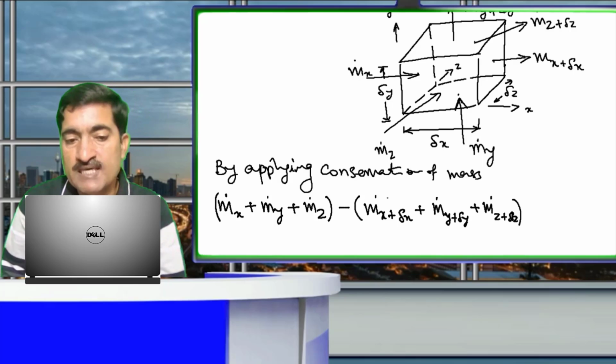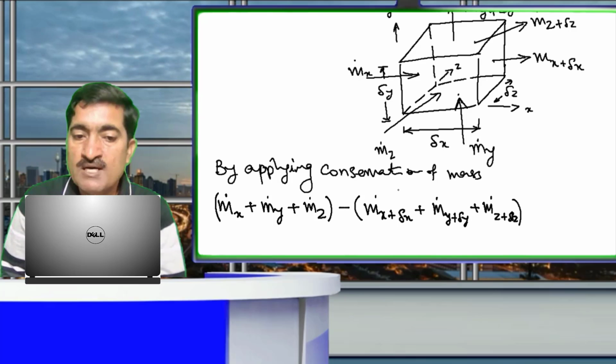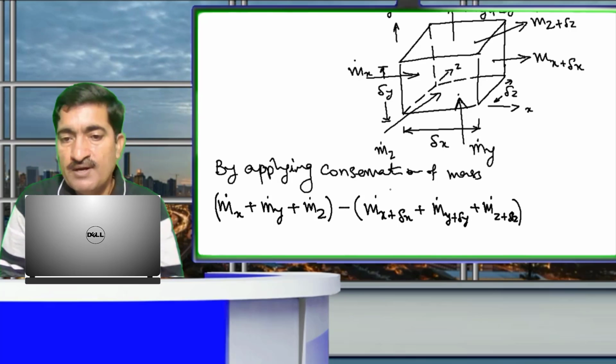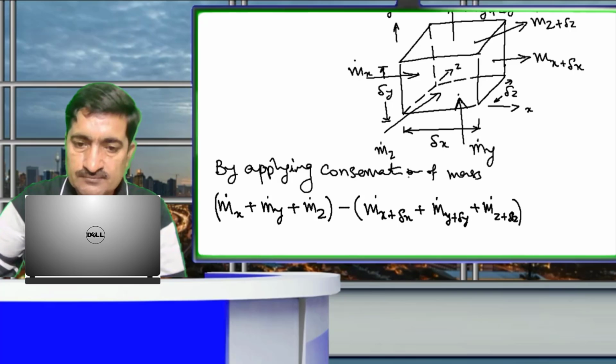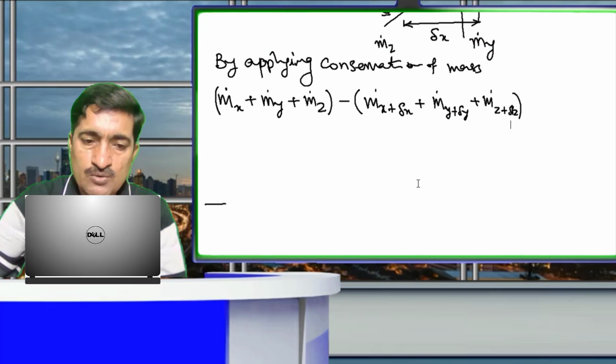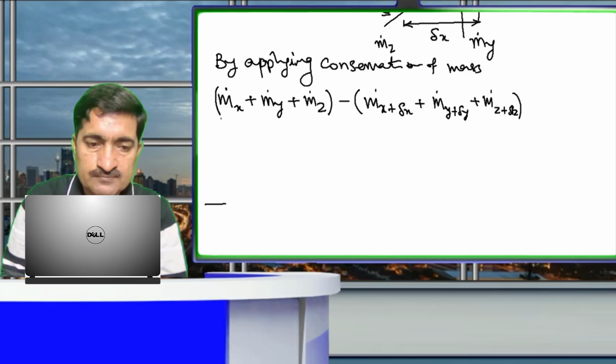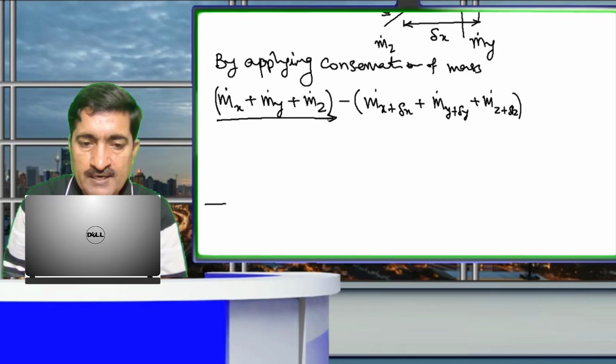So mx plus my plus mz is the mass flow entering at the total of 3 surfaces, and this is leaving from the others.